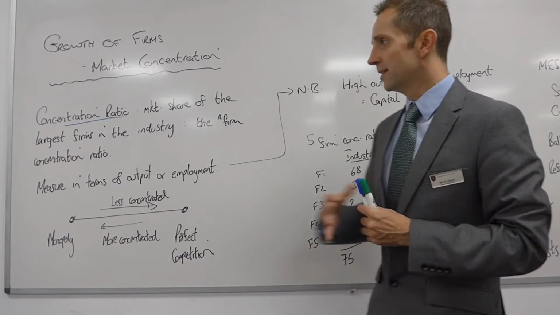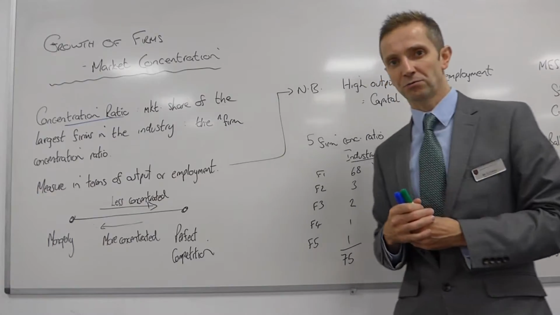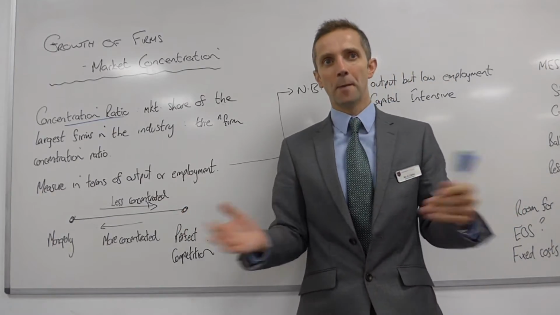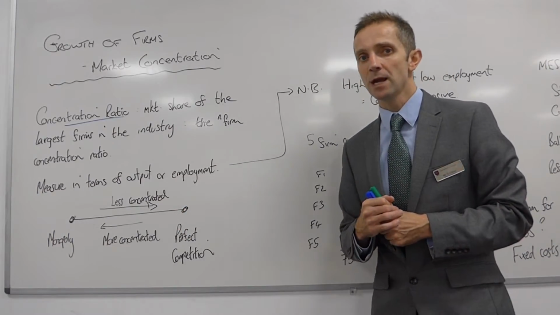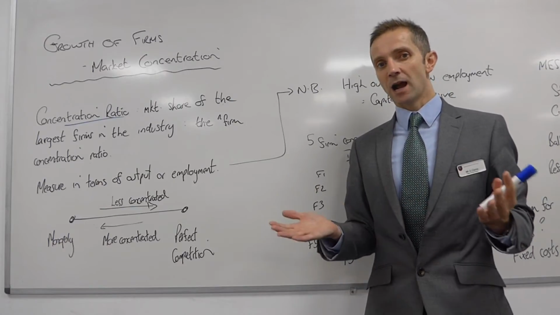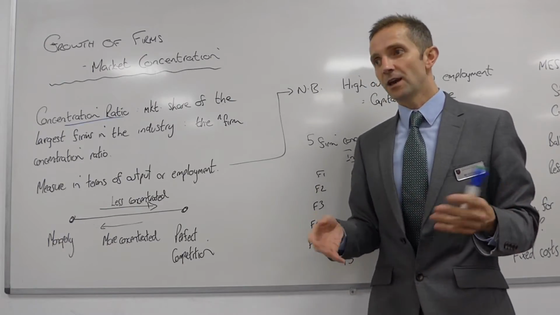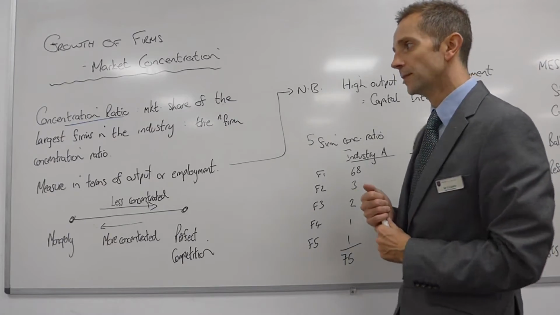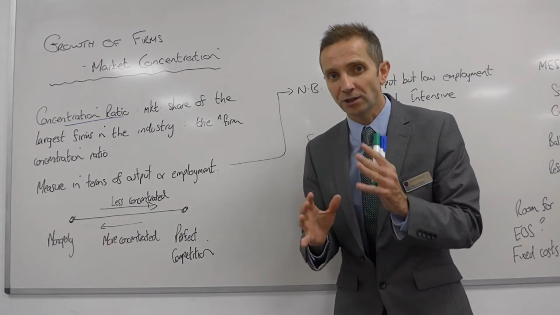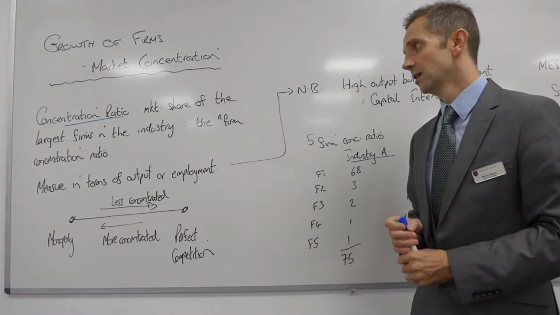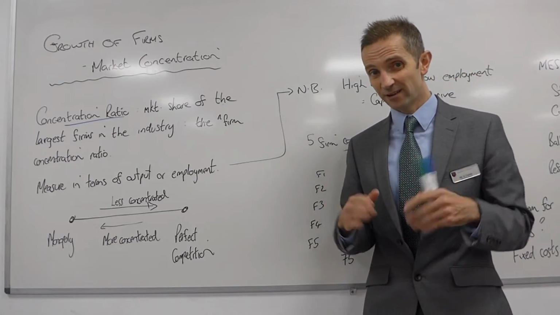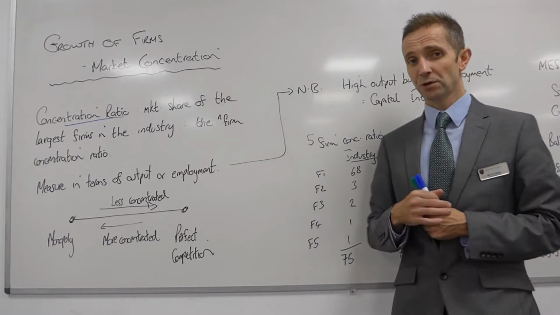So we talk about the N firm concentration ratio, N obviously standing for the number of. In an exam, the examiner might ask you to calculate the 3 firm concentration ratio, in which case you simply look for the market share of the 3 largest firms and add all of those percentages together, and that gives you the N firm concentration ratio.